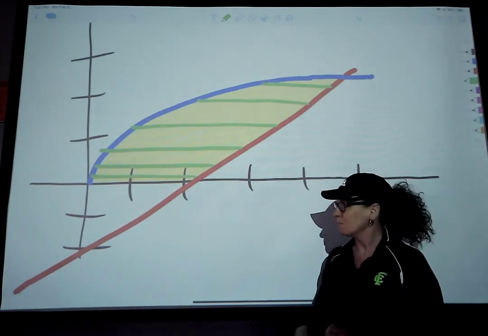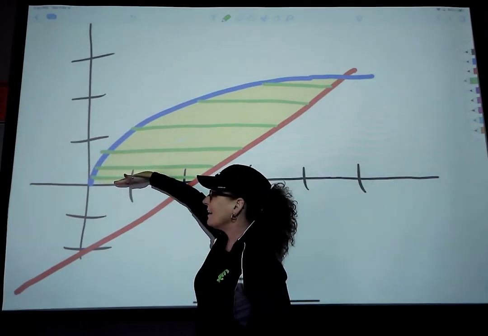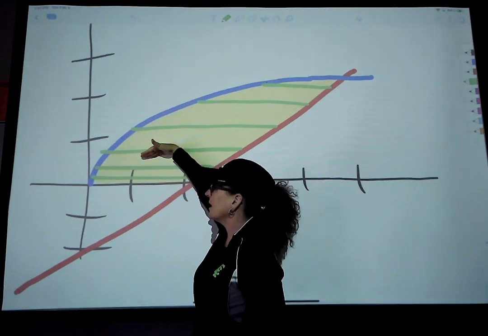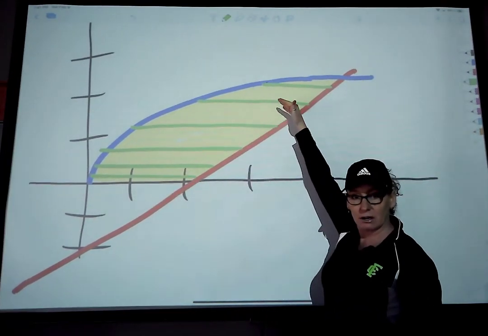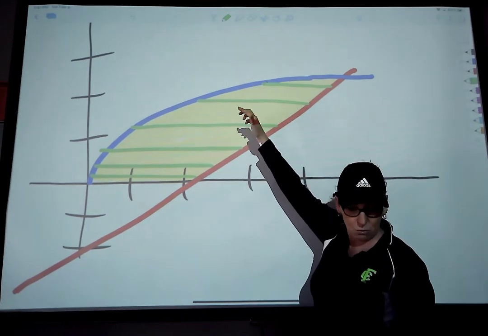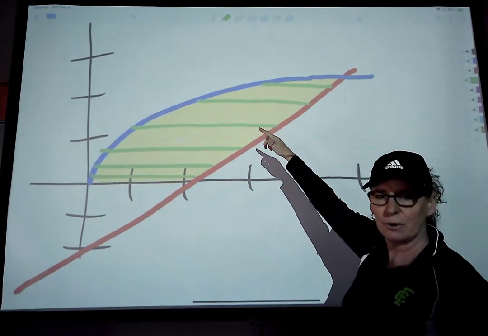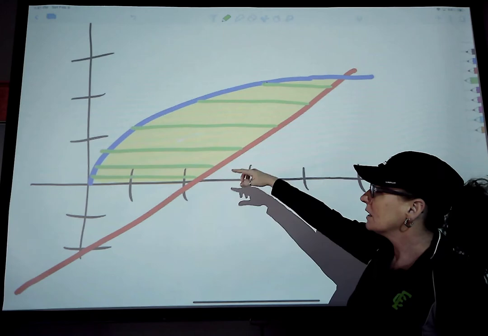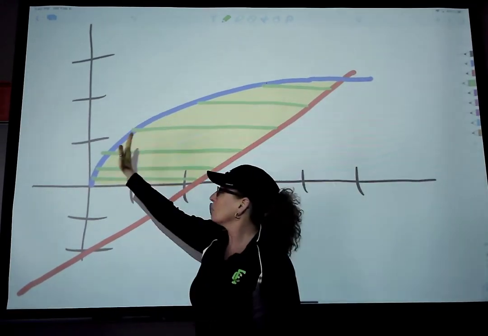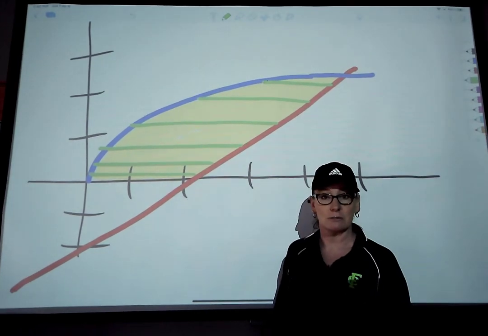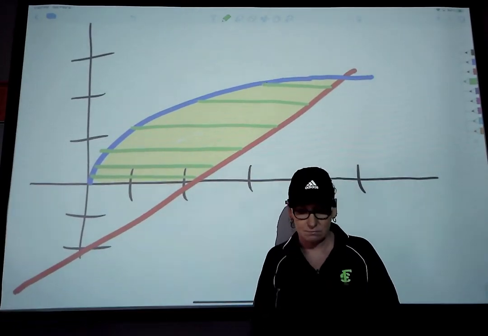One integral. We're going to go from a low y, start accumulating to a high y. So I'm going to start at 0 and go to high y. What was my y? I don't know what the y is. I think it's 2. Red on the right minus blue on the left. That is an option, and I'm going to write it on my paper here in just a minute.